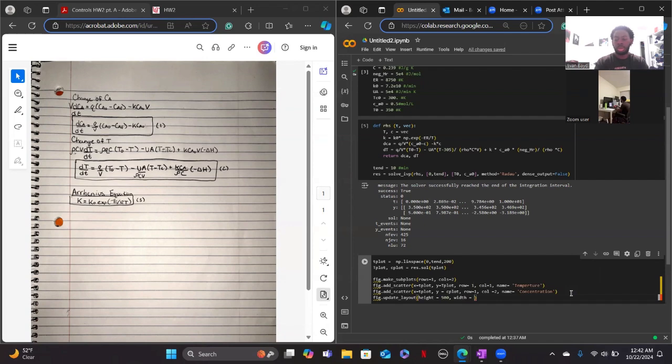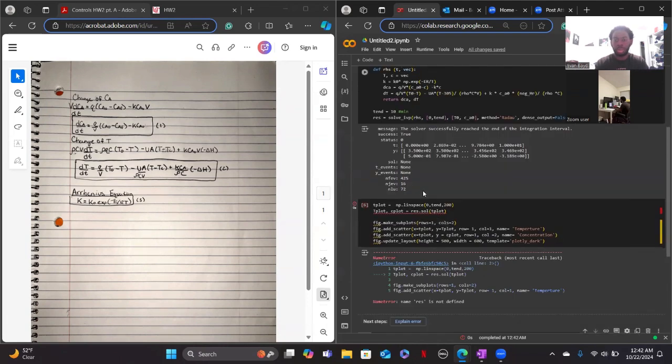It's equal to 600. We have two graphs, so let's say 600. And then template, last thing, it's equal to poly dark. All right. And now let's shift enter.